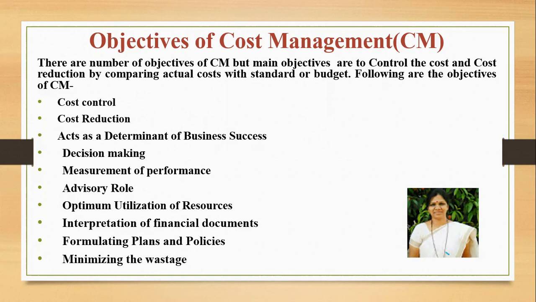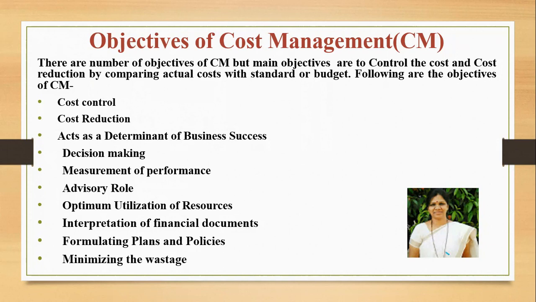But there are various other objectives which we have to study here. So let us see what the different objectives of cost management are. Cost control, cost reduction. It acts as a determinant of business success. It helps in decision making. It also helps in measurement of performance.